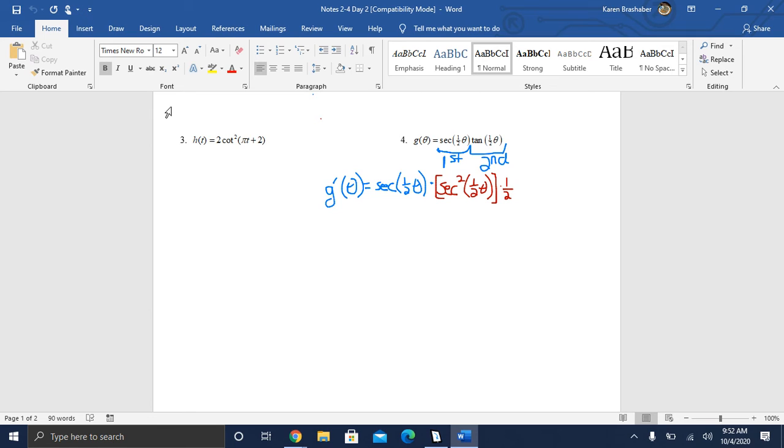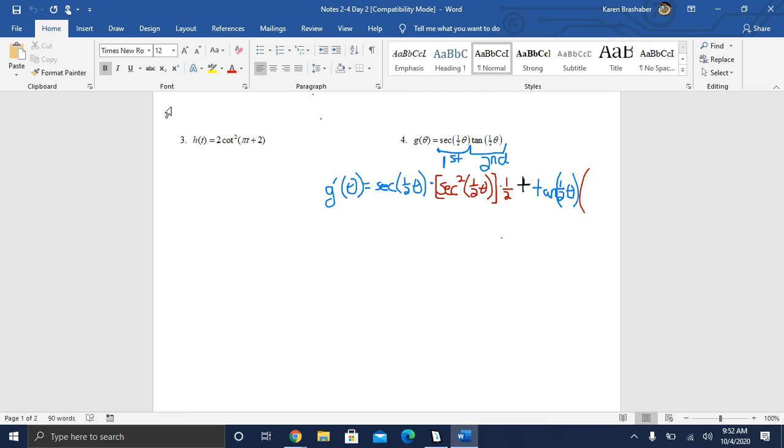All right, and then we're going to do plus second. So second would be tangent 1/2 theta. And then we'll have to do times the derivative of the first. So we're doing the derivative of secant 1/2 theta. Well, the derivative of secant is secant tangent.